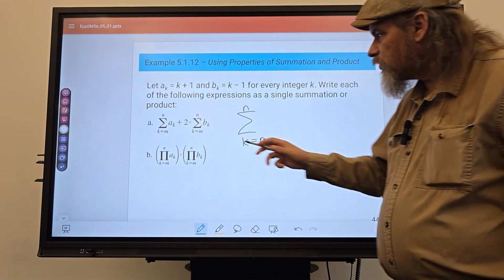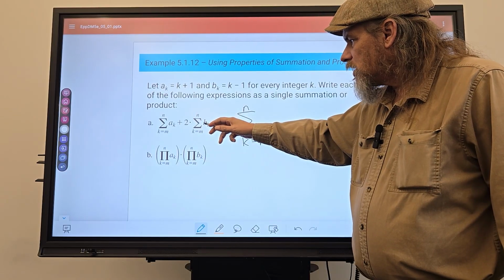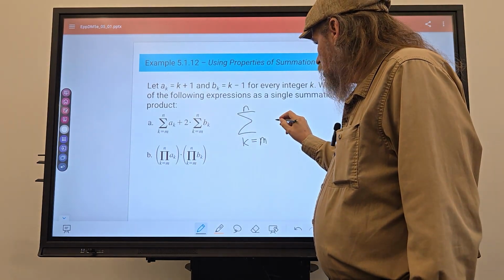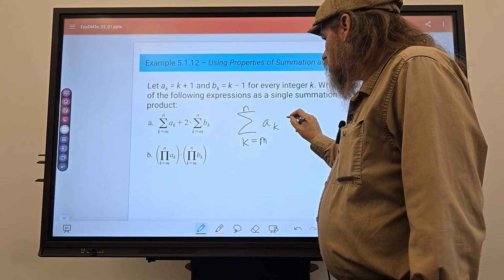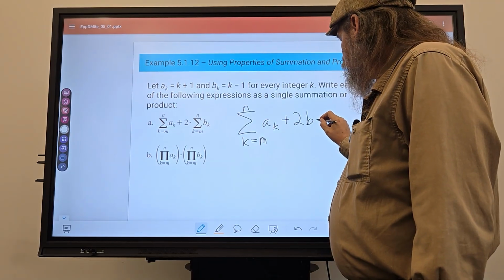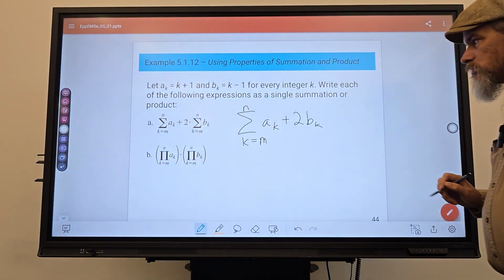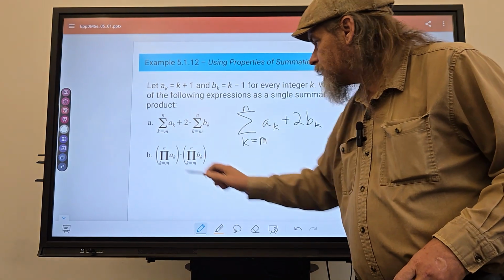Now, you'd bring this 2 into here to make it a sub k plus 2b sub k, right? That makes sense? Doing 2 steps at once there, combining the 2 summations.